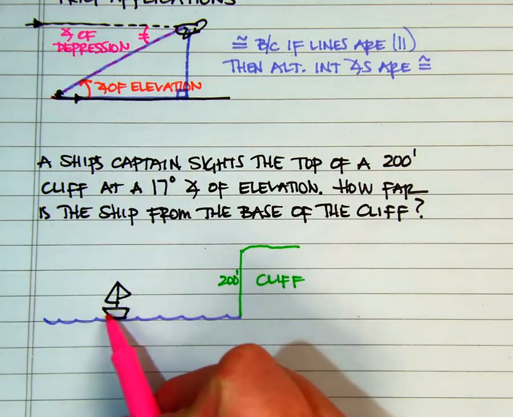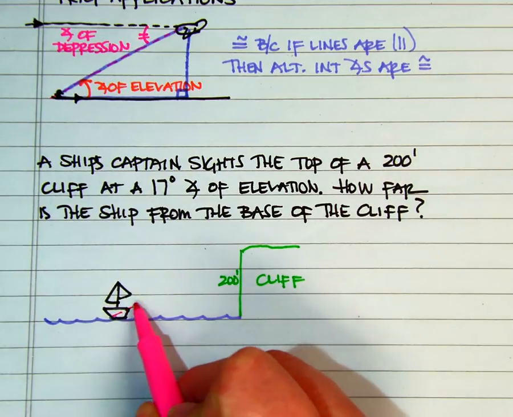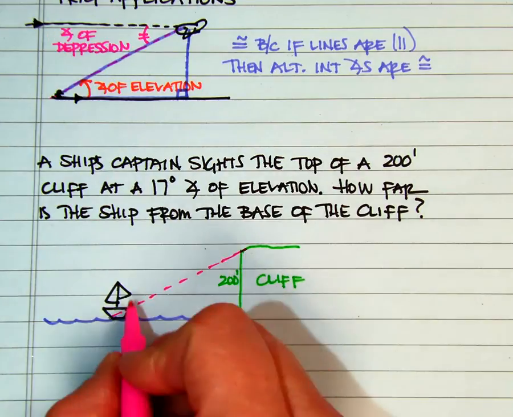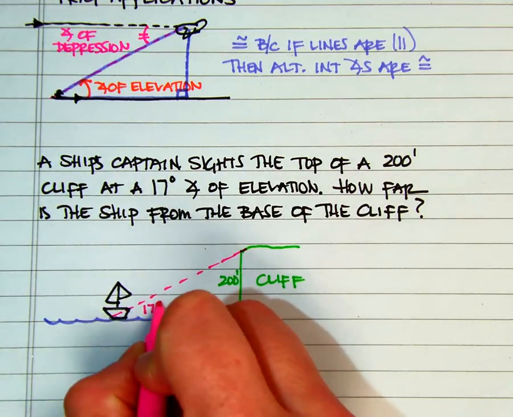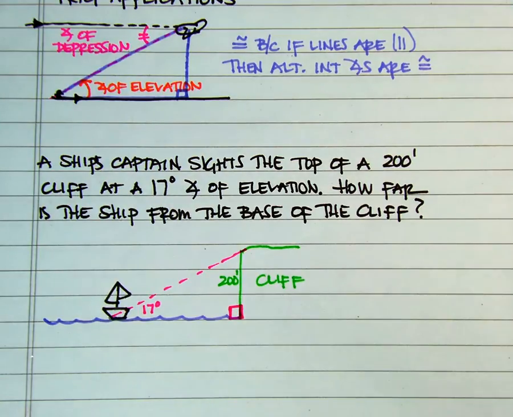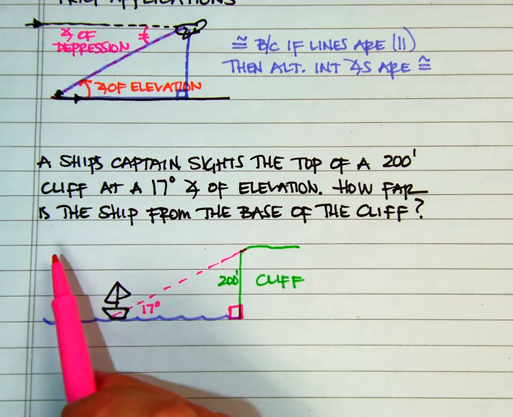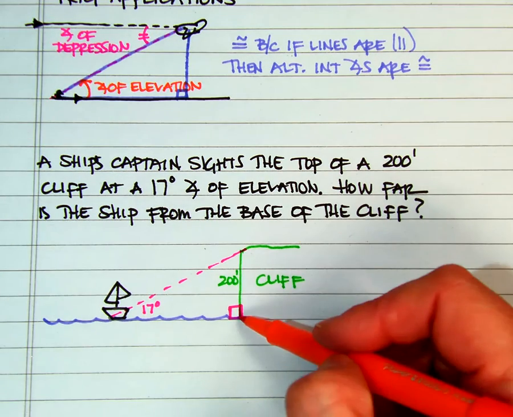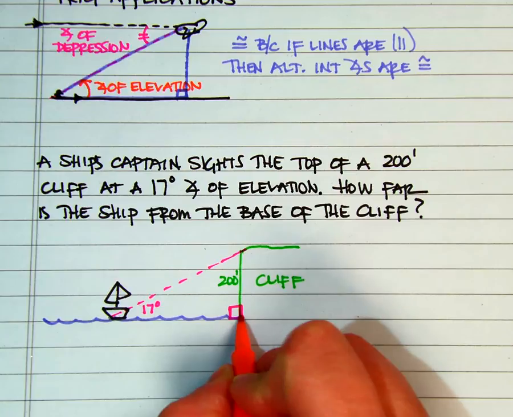So angle of elevation, I know I'm looking up. So the ship's captain sights the top. So my angle of elevation is going to be right there. There's my right angle, which creates a right triangle. How far is the ship from the base of the cliff? So I need to think. Well, here's the cliff. Here's the base of the cliff.